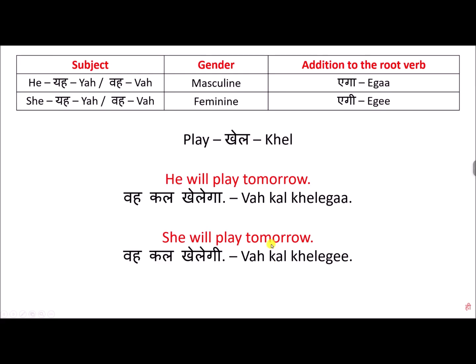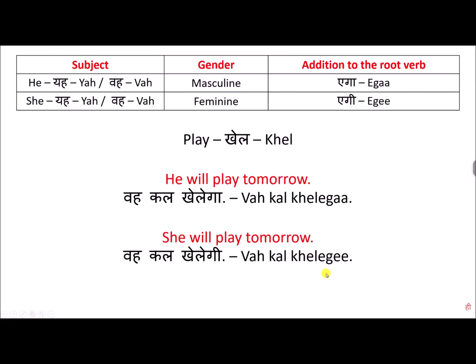Kal is tomorrow. Alright. Now, she can be replaced with Anita or Ramya or Rashmi or Kavita, Emily, so on. Emily will play tomorrow. Emily कल खेलेगी. Kavita will play tomorrow. Kavita कल खेलेगी. And so on.